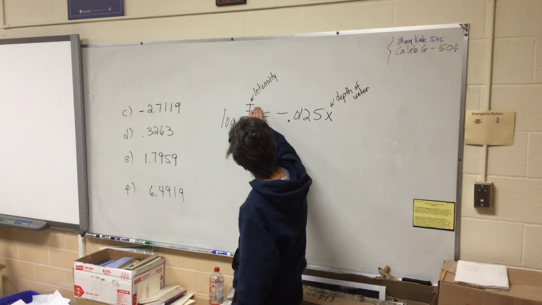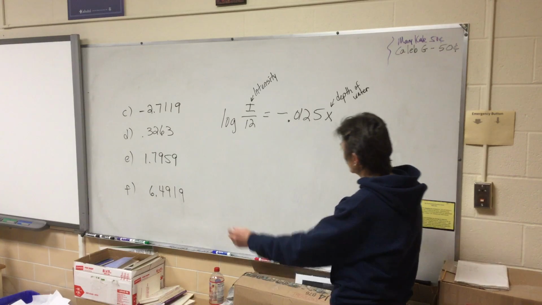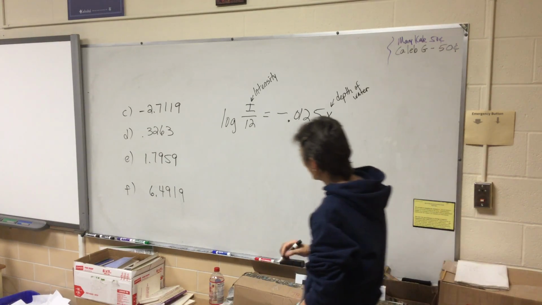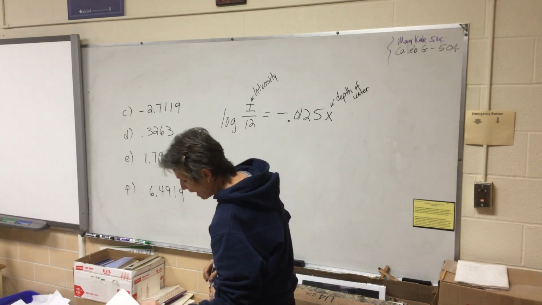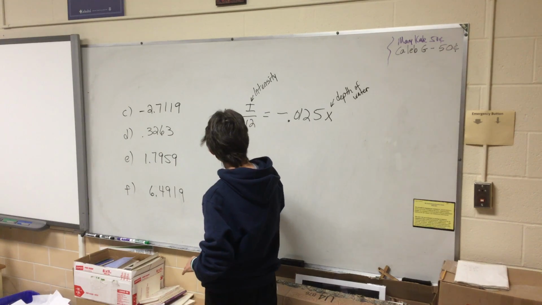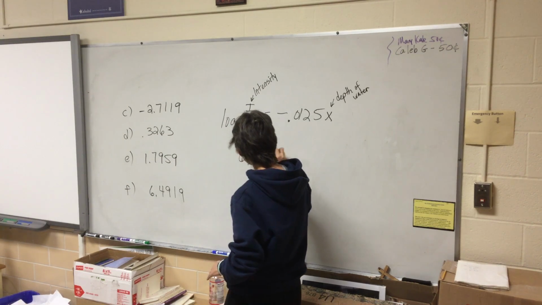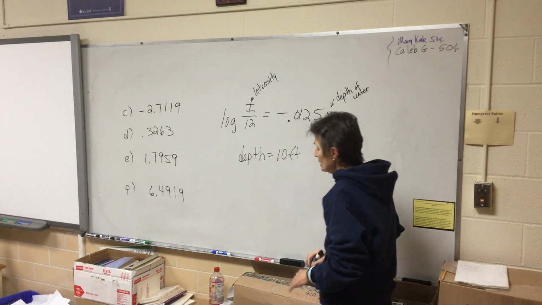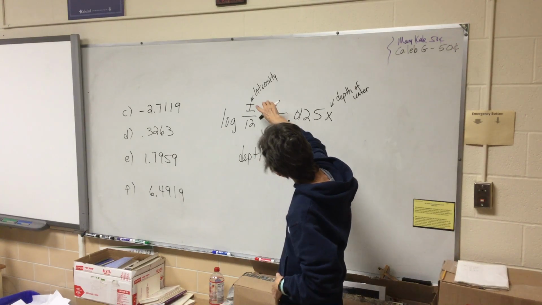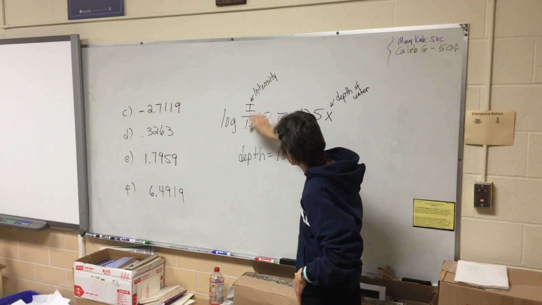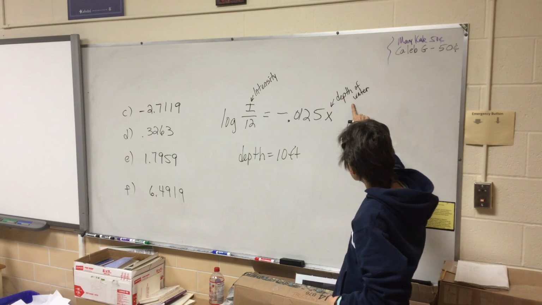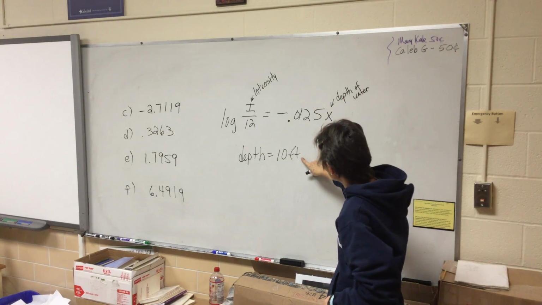So the intensity of the light depends on the depth of the water. Now the question says, find the intensity when the depth is 10 feet. So in other words, we need to find I if the depth of the water is 10 feet.